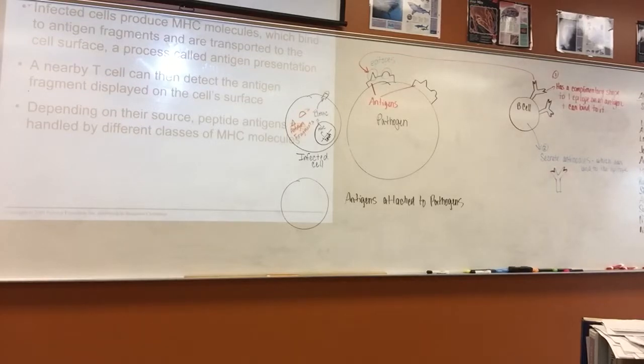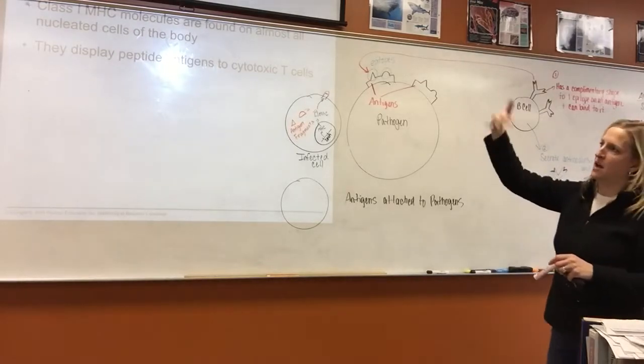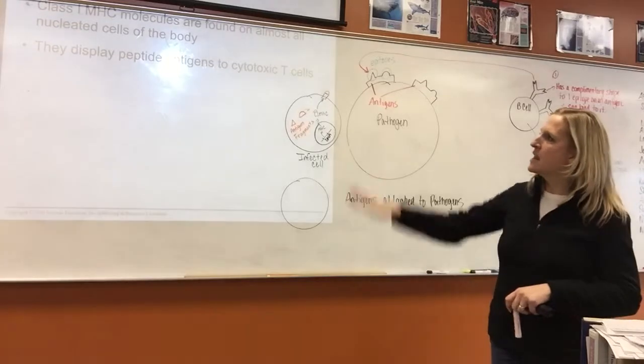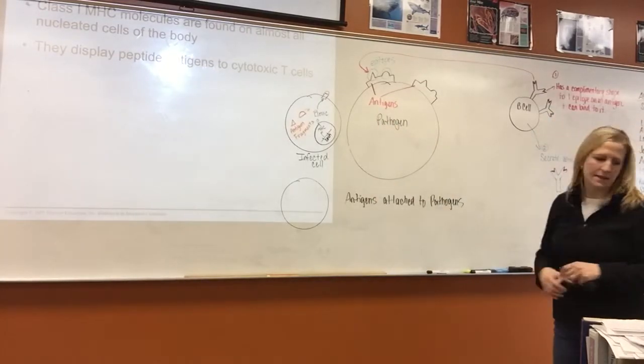You don't have to memorize them, you just need to know the general differences between them. So let's look at that. Class 1 MHC molecules are found on almost all nucleated cells of the body; red blood cells don't have a nucleus. They display peptide antigens to cytotoxic T cells.